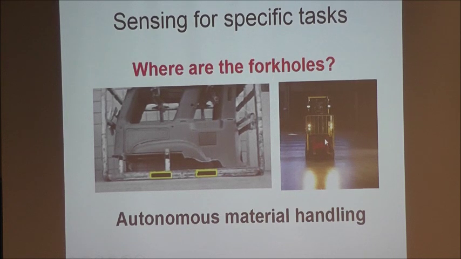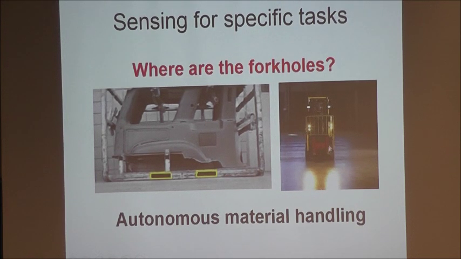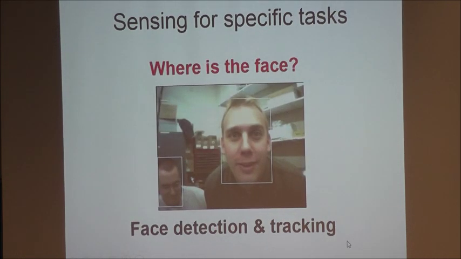Or you may have a forklift here, and as you see, it has a couple of blades, and those blades need to fit exactly into the holes here to be able to lift something. So those are again for autonomous material handling. Or you could have vision.